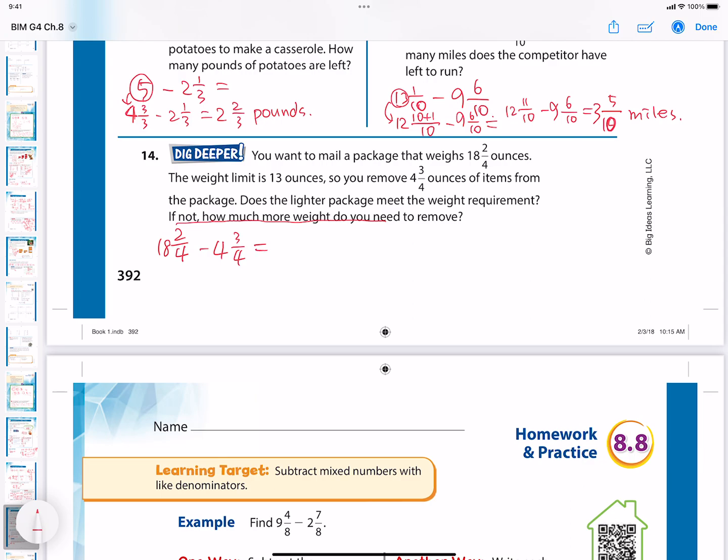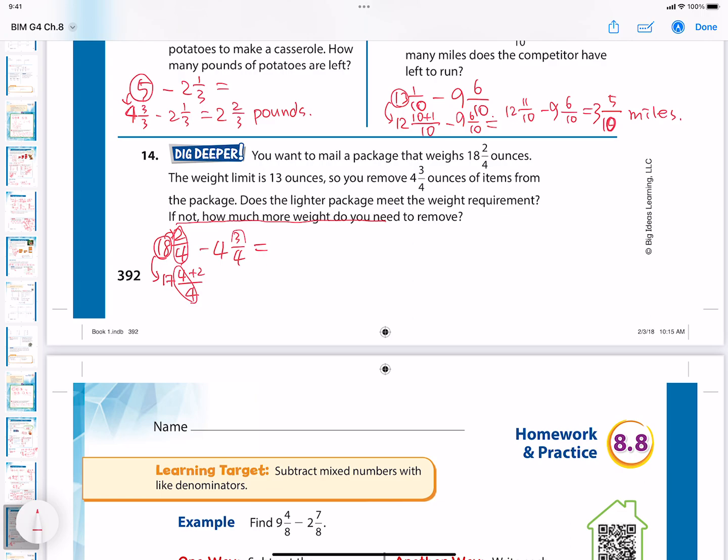Check these fractional parts: 2/4 and 3/4. You cannot take away from this minuend, right? So I'm going to take 1 out of 18 pies and convert that into 17 now. And then this becomes 4 plus 2/4, because we know 4/4 is 1 whole.